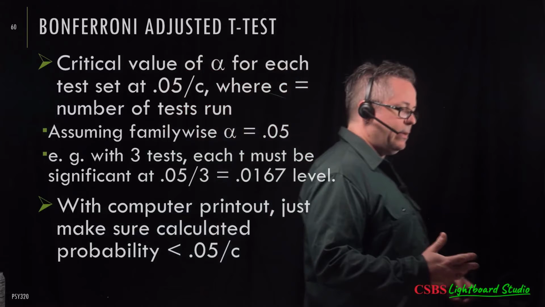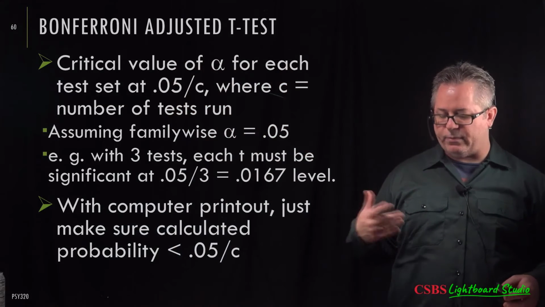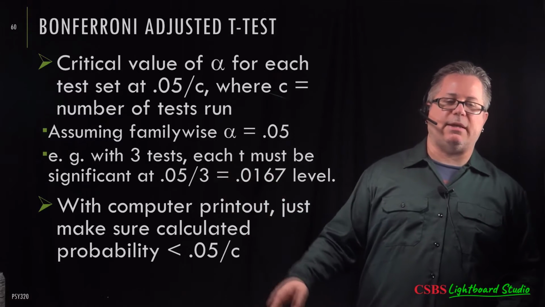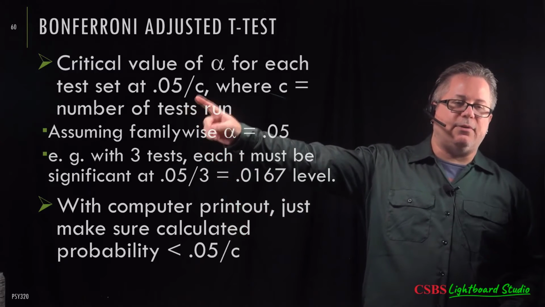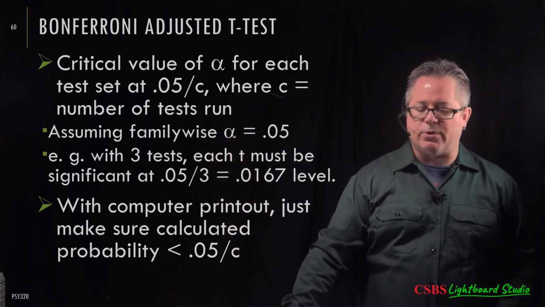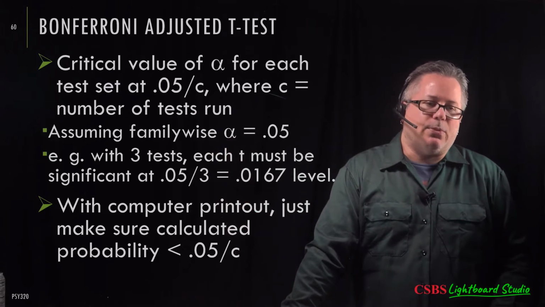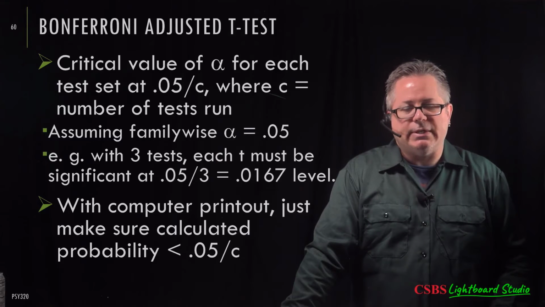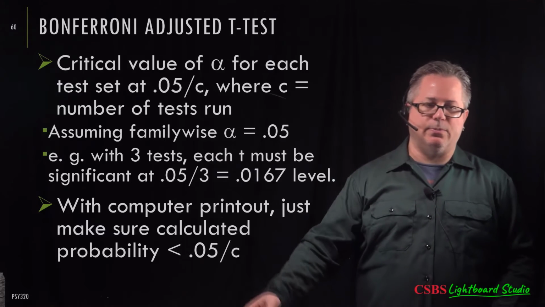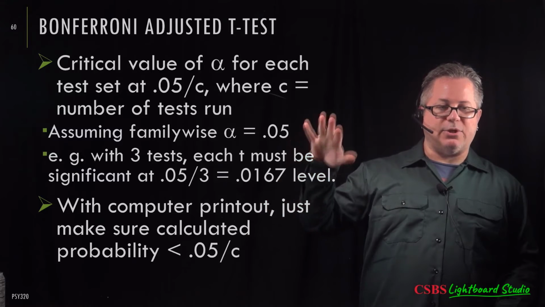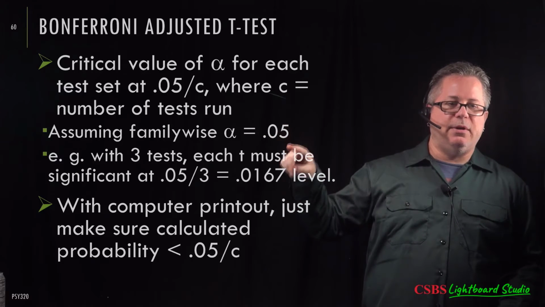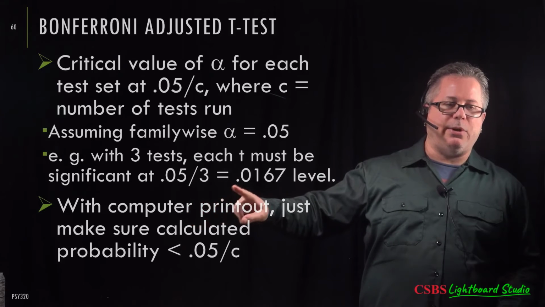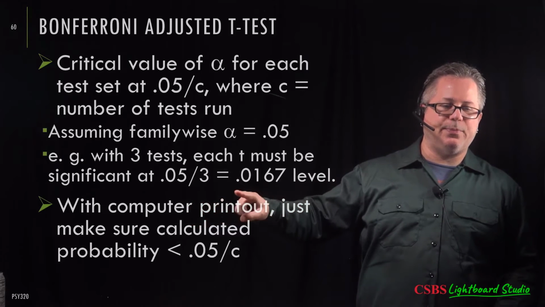So let's say the typical alpha level is 0.05. That's what we typically do. So the alpha for each test is set at the 0.05 we typically use, divided by C, where C is the number of tests you want to run. So in our example, we have 3 groups, and therefore we can do 3 t-tests. So if I want to keep the family-wise, the overall alpha level at 0.05, with 3 tests, each test must be significant at 0.05 divided by 3, or at a 0.0167 level.